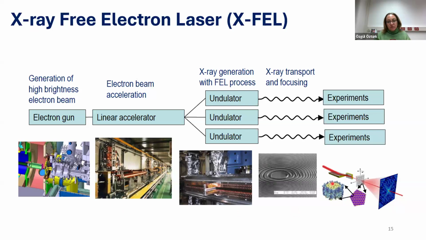For example, at European XFEL in Hamburg in Germany, the accelerator currently uses nearly 800 cavities and is nearly 2 kilometers in length. It can currently energize electrons up to nearly 18 gigaelectronvolts.